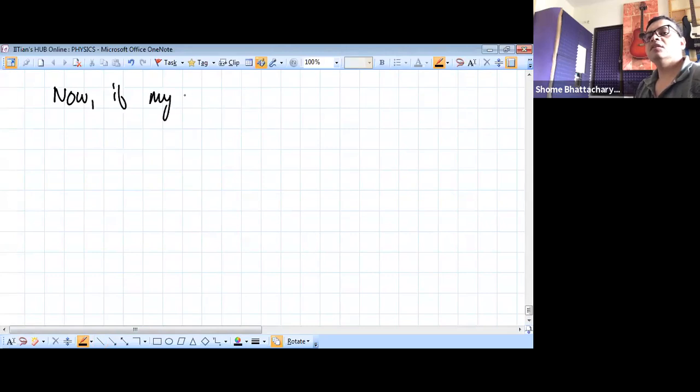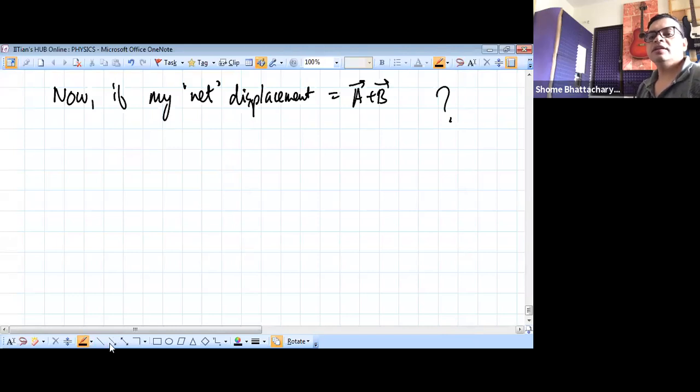So now if I say that if my net displacement equals A plus B, so इसका meaning क्या है? Let's try to understand this. Okay. So the individual displacement A is drawn by this arrow. Okay.